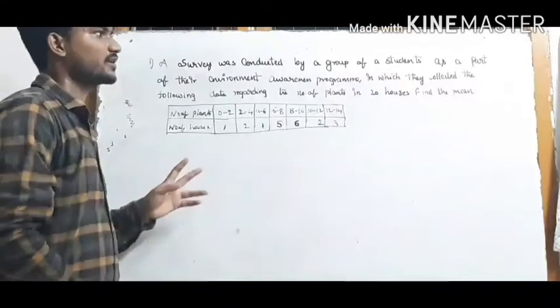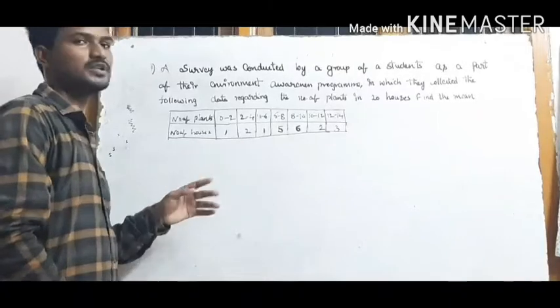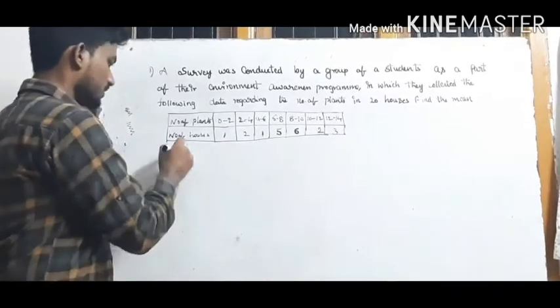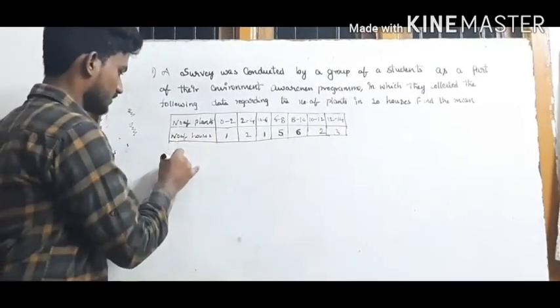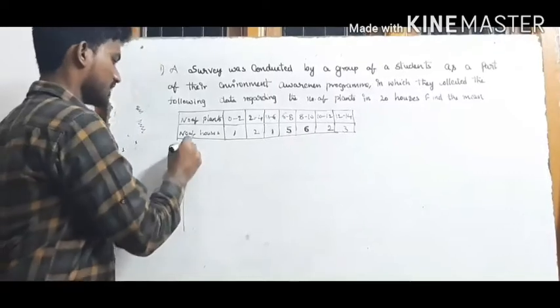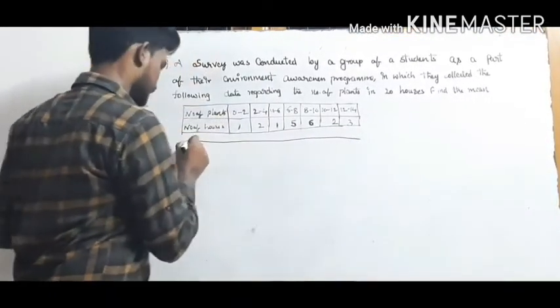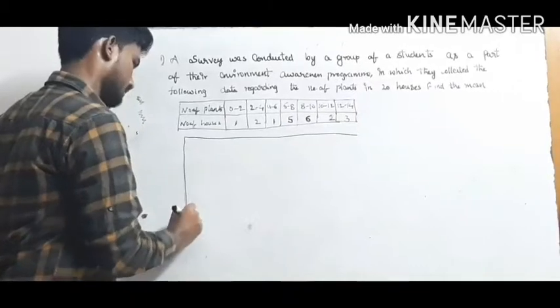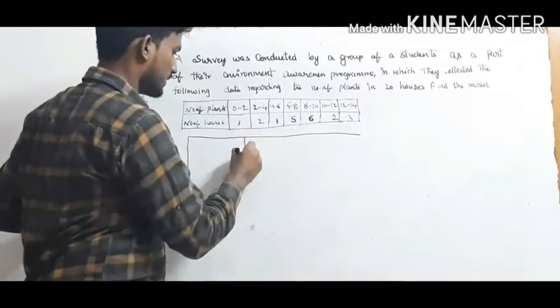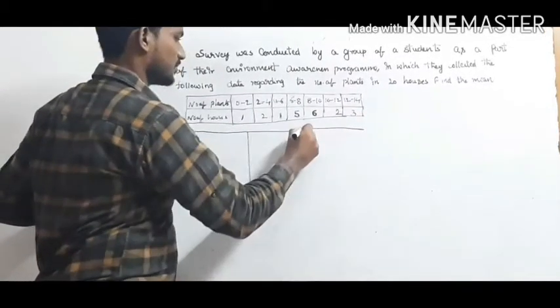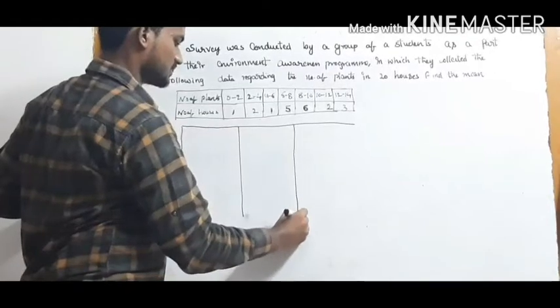First, we can do the problem by the normal method for finding the mean. Draw the table: number of plants and number of houses.